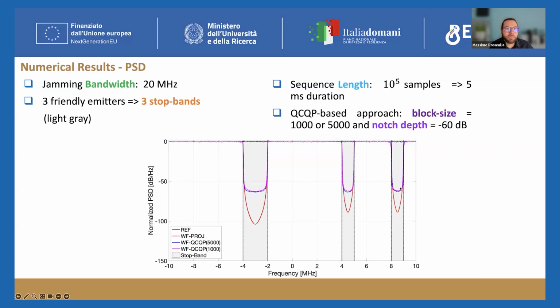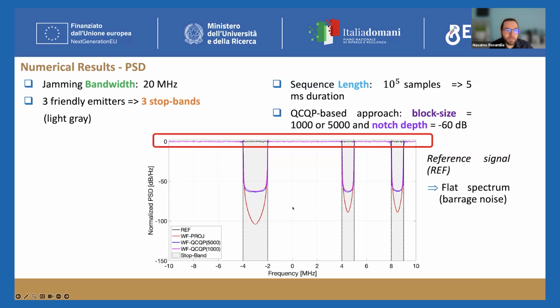And as said, this figure reports the normalized PSD of the several waveforms. In particular, you can see the spectrum of the reference signal, which is characterized, as expected, by a flat spectrum, because it is a barrage noise, so it is a noise-like signal.